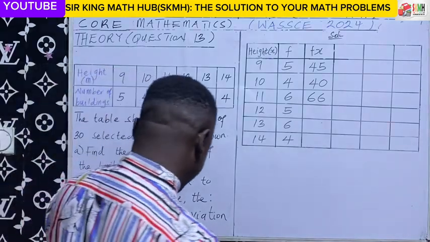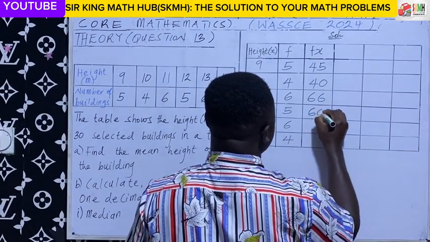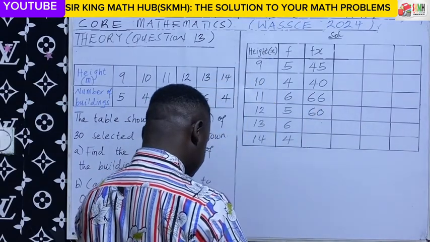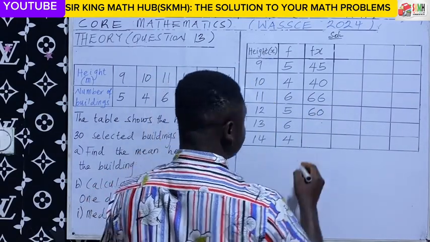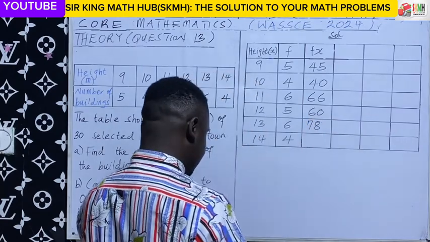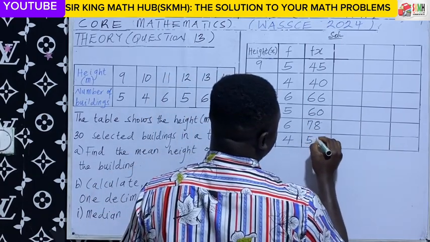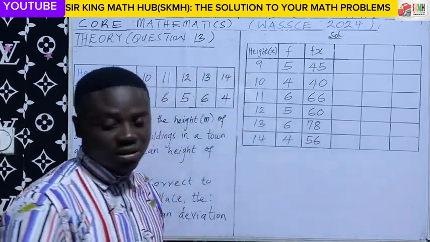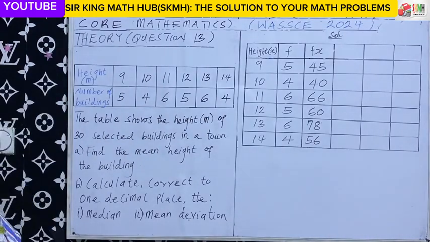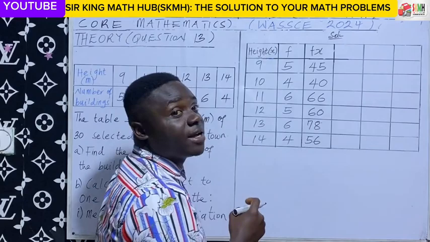And then 12 times 5, 60. 13 times 6, 78. And then lastly, 14 times 4, 56.